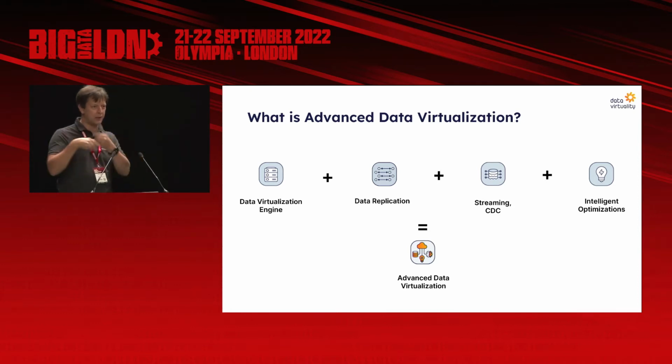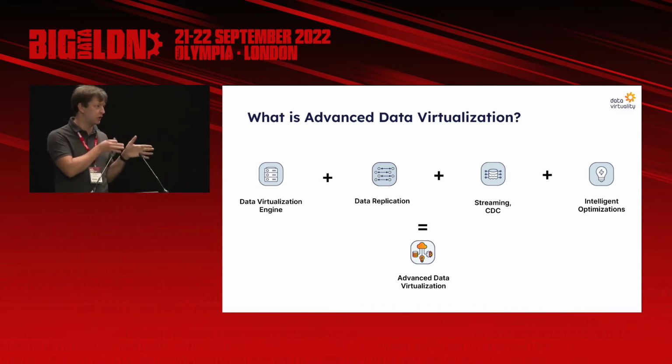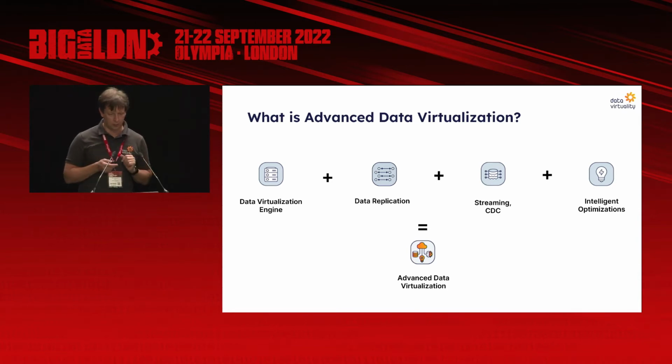It will do complex things with the APIs behind the scenes, but for the user, it's just a copy with a SQL statement. And that's what advanced data virtualization is about. It's not just simply moving the data. It includes streaming and CDC capabilities, and also an intelligent component to help you choose the right data integration approach.